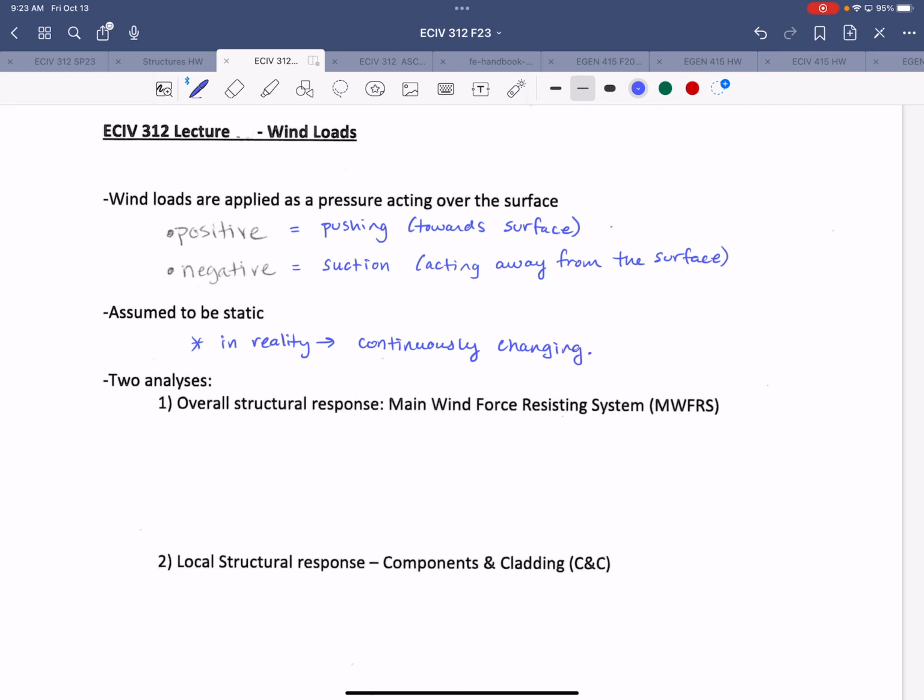So there are two general analyses that we always consider for structures. The first one is the overall structural response to wind. And this is what we call the main wind force resisting system, or MWFRS for short. This one is used to determine the required strength and stiffness of your lateral force resisting system. So your braced frames, shear walls, moment frames, whatever you choose, right?